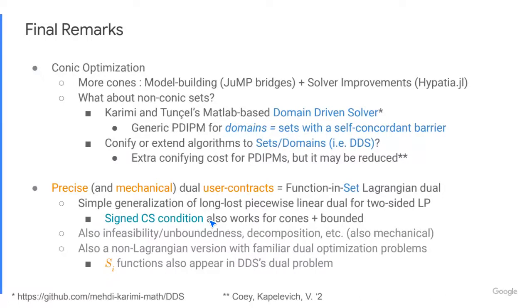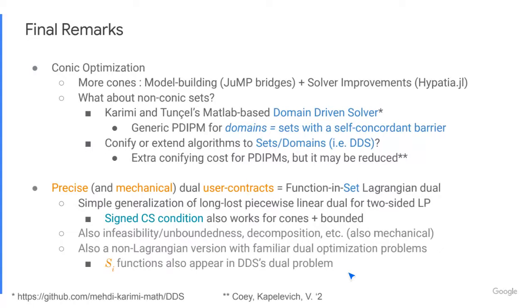So now you don't have to add the extra step of saying, oh well, for reduced cost, it depends; for reduced cost, here's the formula that you need to apply. And with the generic dual, I didn't mention, there are also infeasibility and boundedness certificates. There are more specific or mechanical ways to do decomposition.